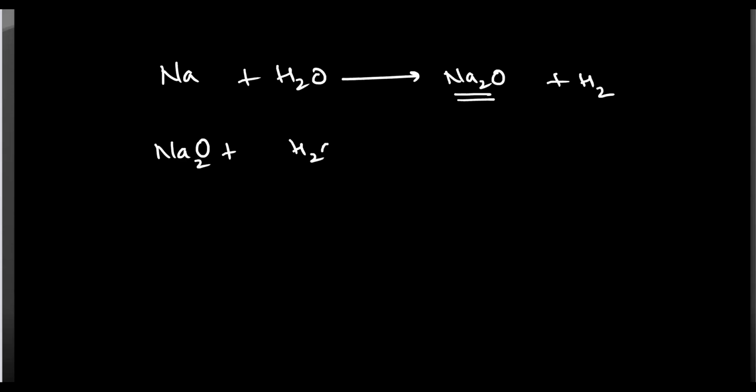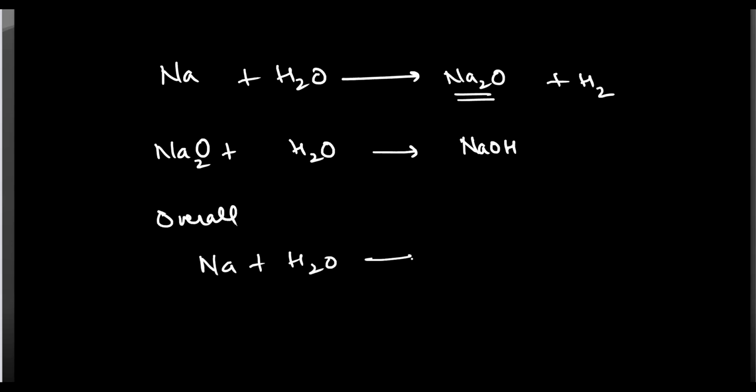Na when it reacts with water forms Na2O plus hydrogen gas, and this Na2O further reacts with water and forms NaOH. We don't get this intermediate; we get the overall reaction, that is, Na when it reacts with water forms NaOH plus hydrogen gas.